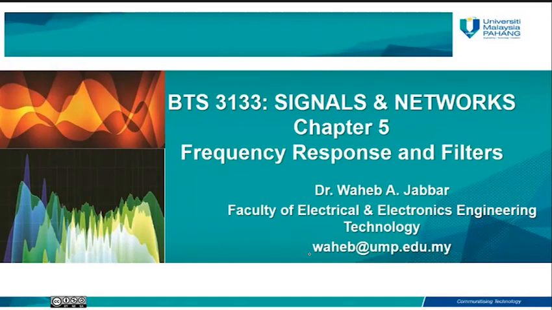In the last chapter we talked about the transfer function, and we said the transfer function is a relation between the input and output of any system. It can be an electrical system, mechanical system, electronic system, whatever. We have input to that system and we have output, and the components of that system represent the transfer function.